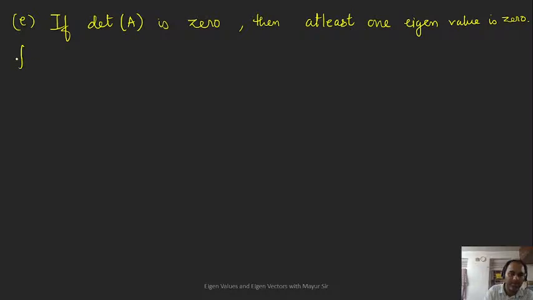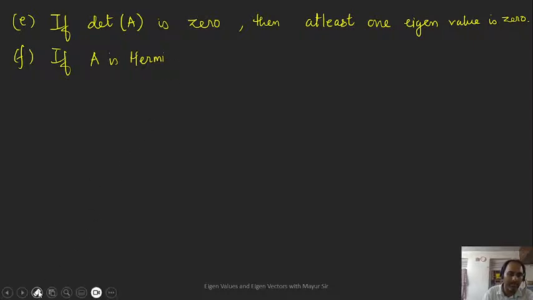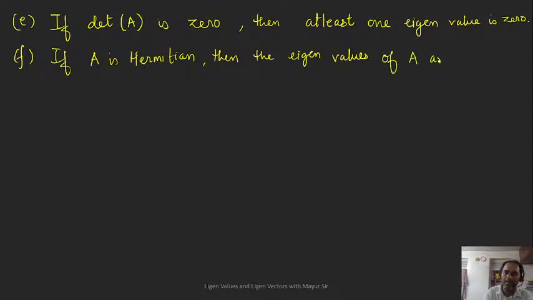Then if A is Hermitian, then the eigenvalues of A are real numbers.